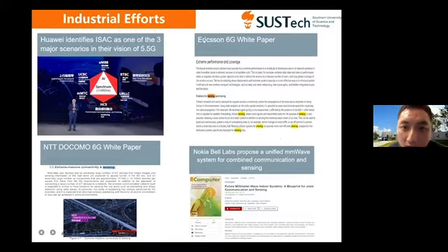In the Ericsson 6G white paper, they mention sensing as an enabler for cellular networks. In the NTT Docomo 6G white paper, they have extreme massive connectivity and sensing. And Nokia Bell Labs has proposed unified millimeter wave indoor systems to combine communication and sensing. So these are some of the industrial efforts, and there are lots of other companies concerned about this technology.